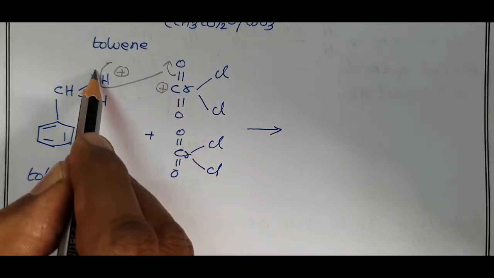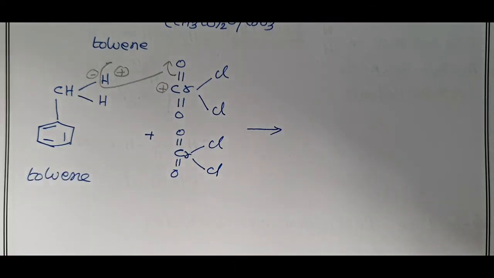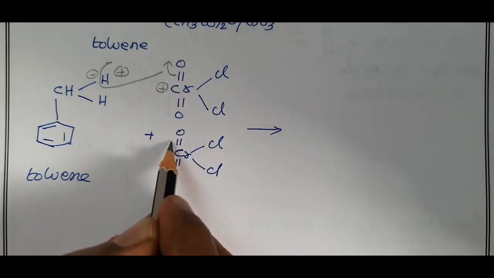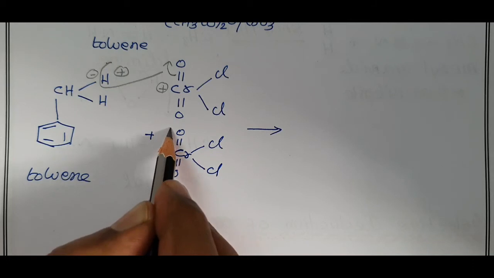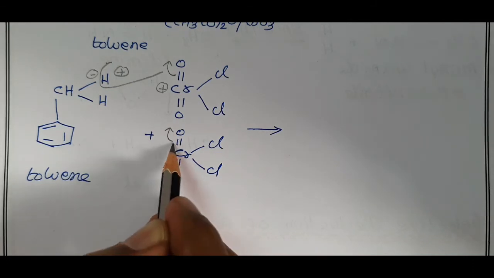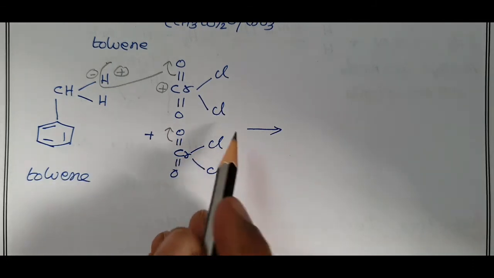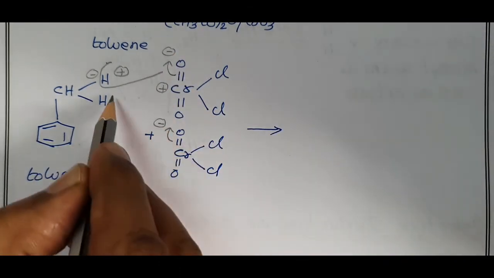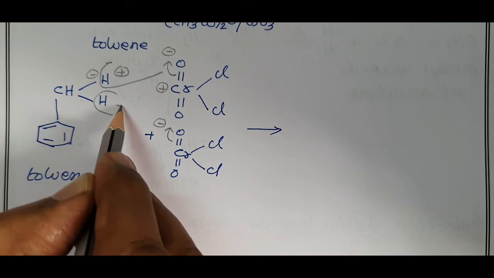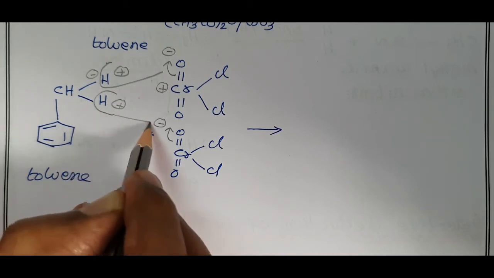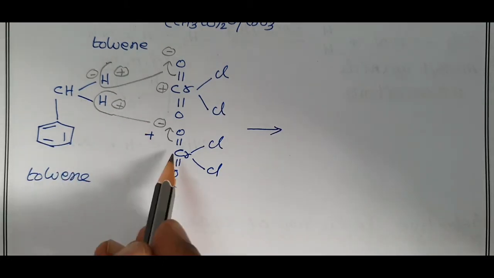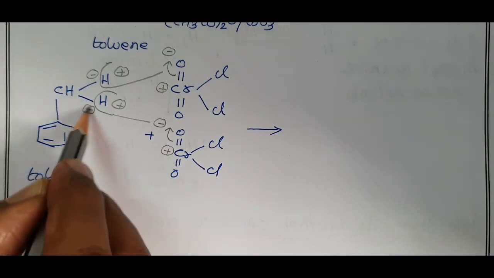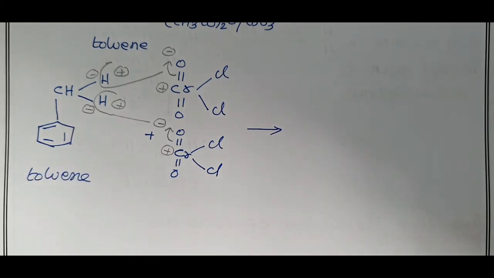This chromium is now directly added to the carbon atom of toluene, like this. Here also oxygen is more electronegative. It pulls the shared pair of electrons towards itself. Therefore, oxygen becomes minus. To that minus, H plus is added. Chromium becomes positively charged. This plus is now directly attached to this minus.